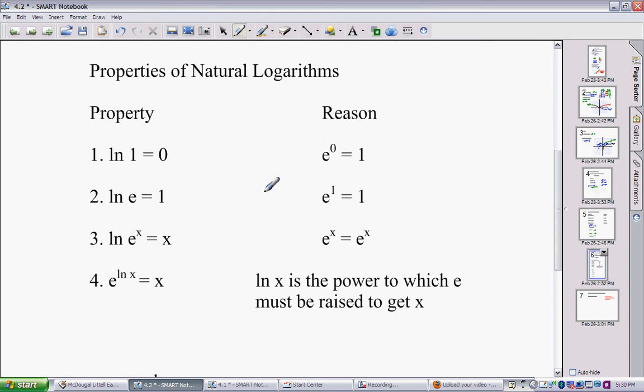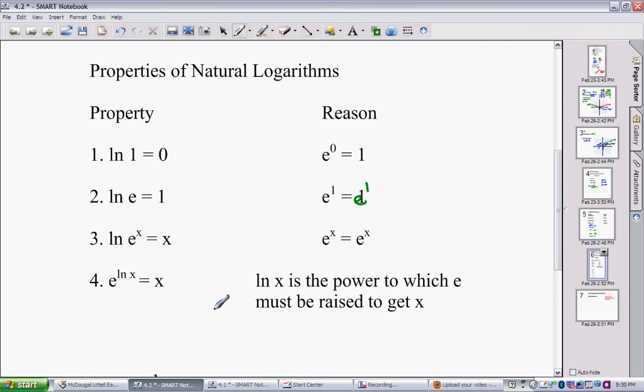Ln of e equals 1, because you are going to have e to the first equals e. Ln of e to the x is x. When you convert it, it goes to e to the x equals e to the x.